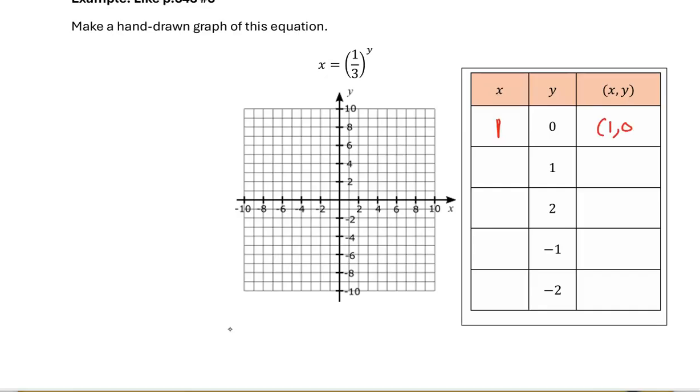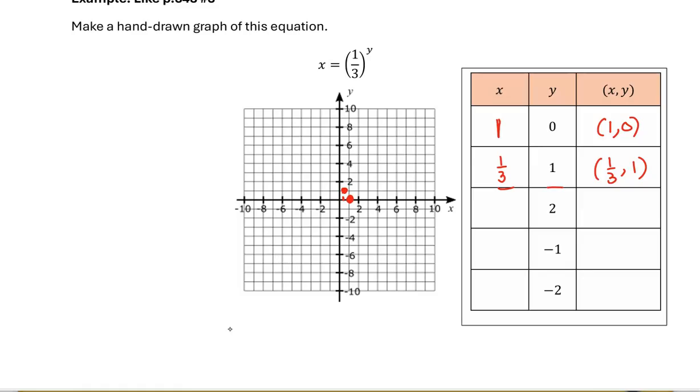So that'd be (1, 0). That's an x-intercept, not a y-intercept. Power of 1, 1/3 to the 1, that's just 1/3. So coordinates here, remember you start with x. So it would be (1/3, 1). So when the x is only 1/3, that's just a little bit right there. The y is 1. So it's up right there, something like that.